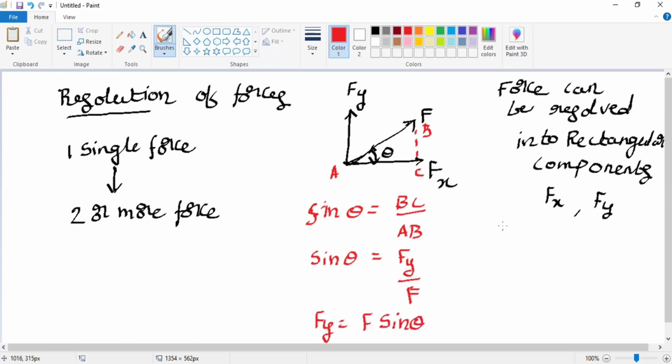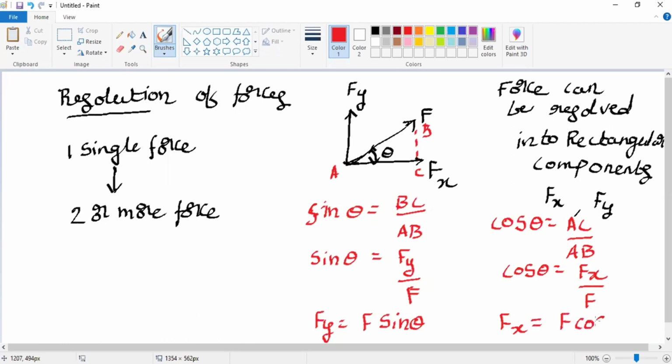Now, from the same right angle triangle, I am considering cos theta. Cos theta equals the adjacent side AC by the hypotenuse AB. AC is the horizontal force Fx and AB is the original force F. From this we can write Fx equals F cos theta.